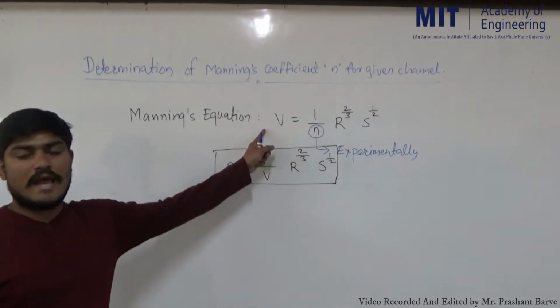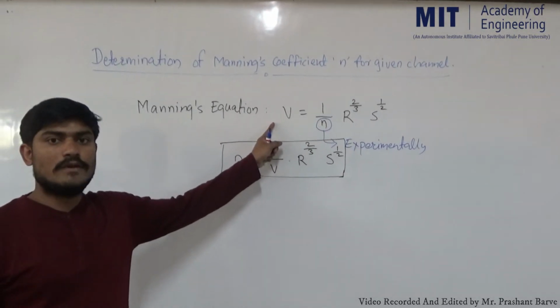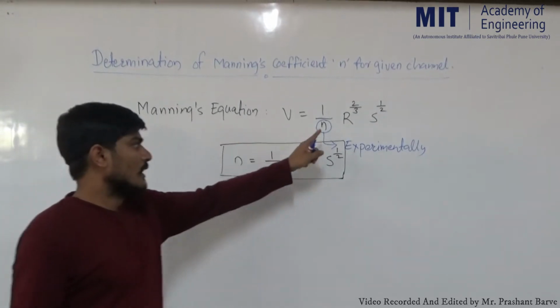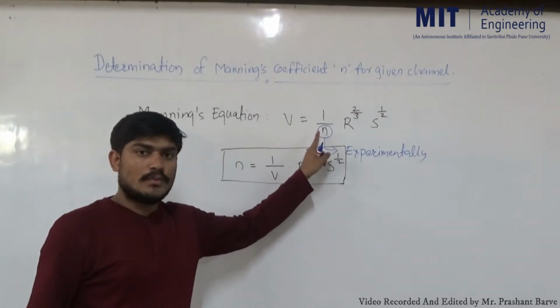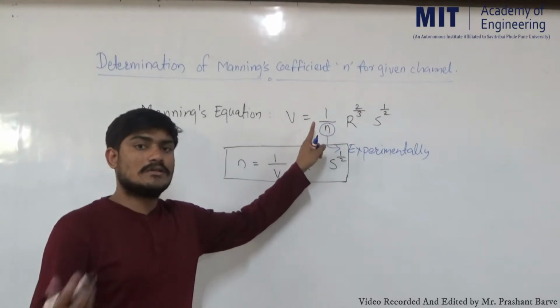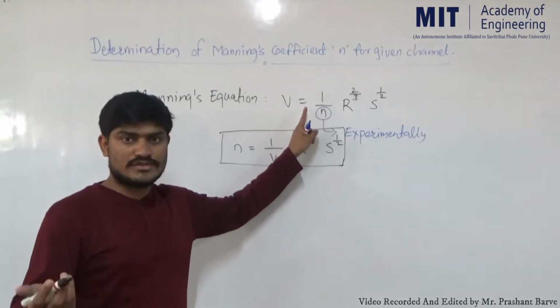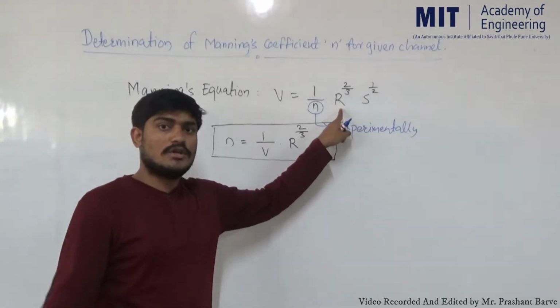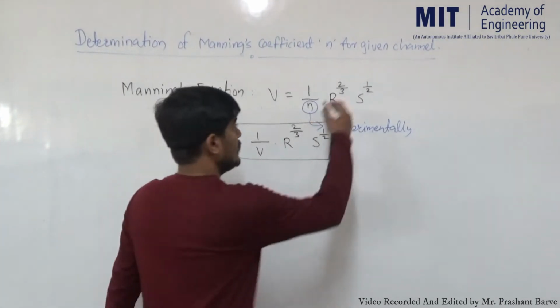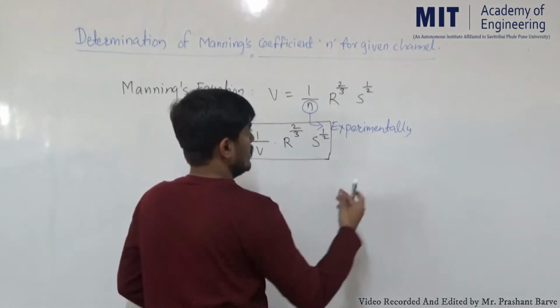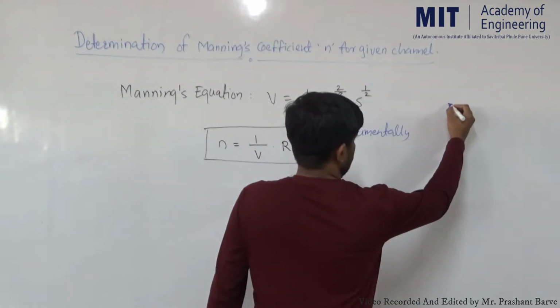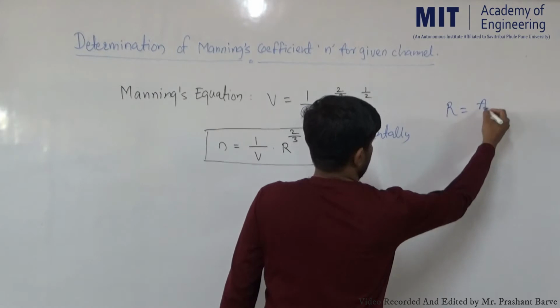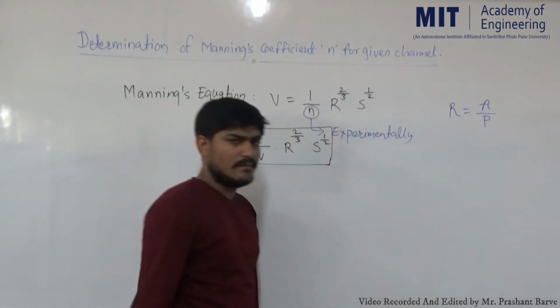V is the average velocity of the fluid flowing through the open channel. n is Manning's coefficient, or Manning's constant, or in other words it can be called the rugosity coefficient. R is the hydraulic mean depth or hydraulic mean radius, which is given by A by P, that is wetted area to wetted perimeter.